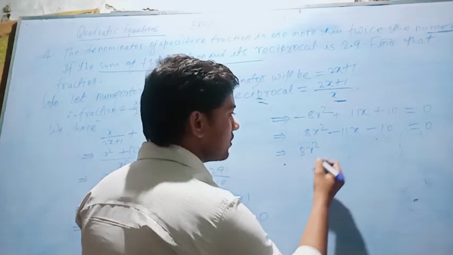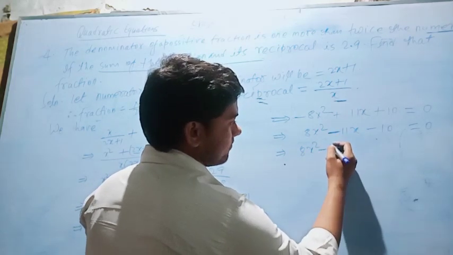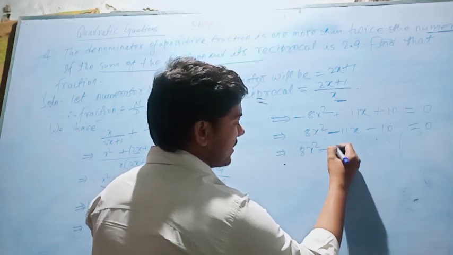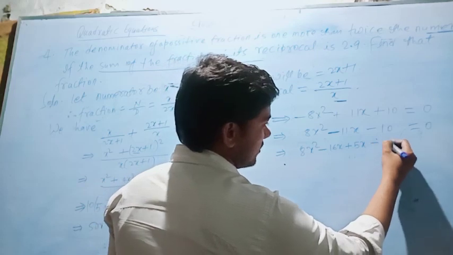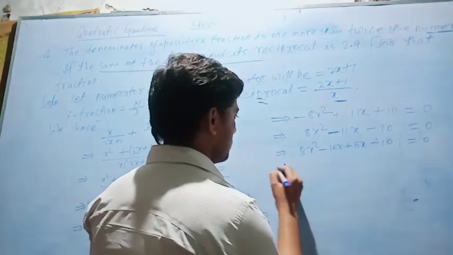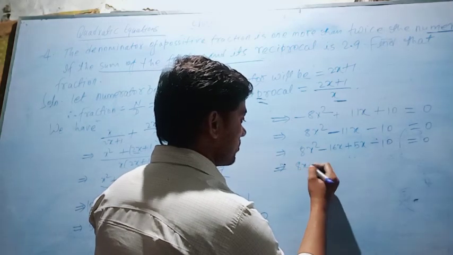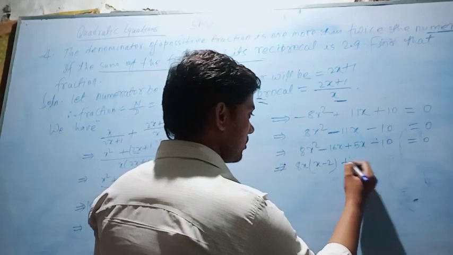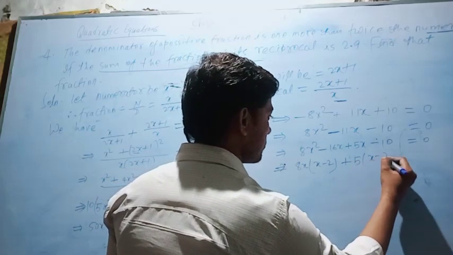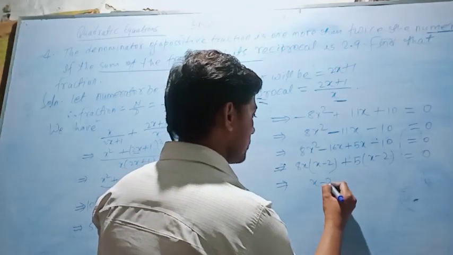Now 8x will be common, so x minus 2 only; plus 5 will be common, x minus 2 will remain. x minus 2 will be common, so 8x plus 5 is equal to 0. This implies that x is equal to 2 and x is equal to minus 5 upon 8.